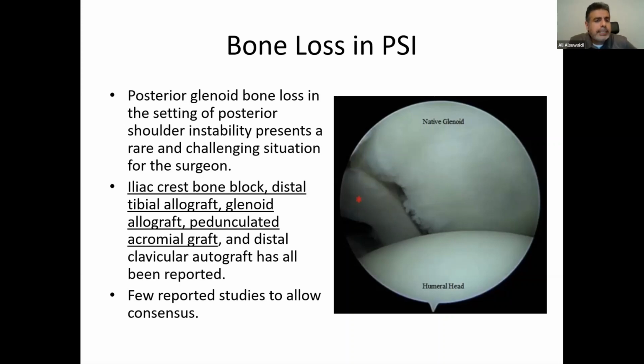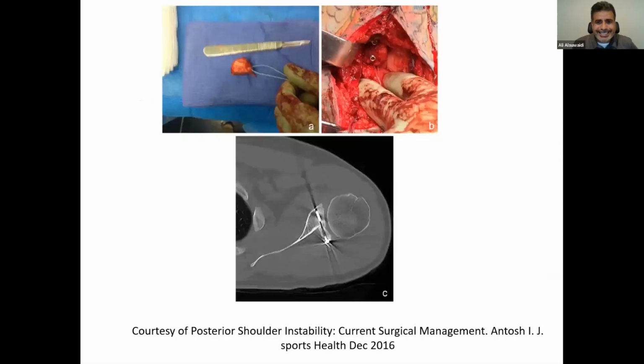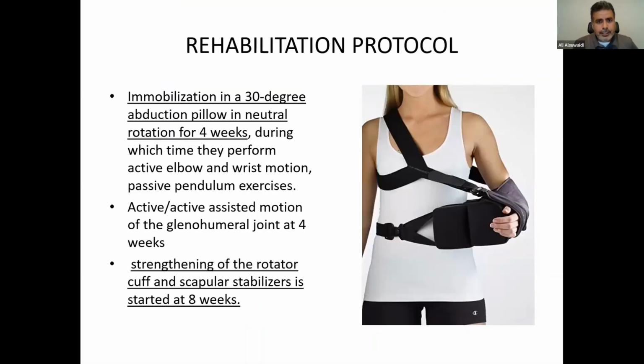But many countries don't have access to allograft, so we do still use iliac crest bone graft. Again, not many studies, but some people do it through an open technique, and some people do it through a mini open arthroscopic assisted technique. As you see, this is an open technique by Antosh there, using distal clavicle in a good fashion.